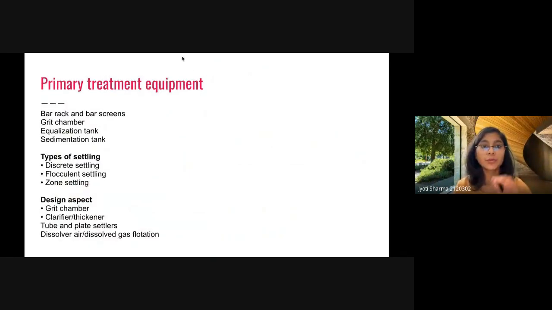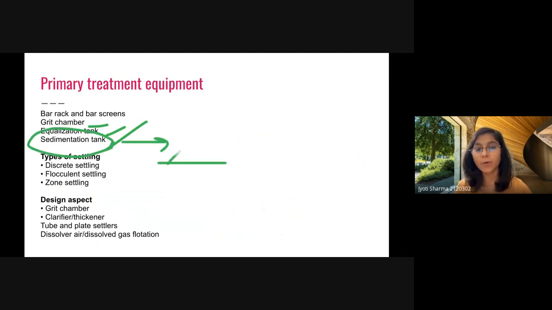Let me very quickly show you that in primary treatment, we talked about the grit chamber, equalization tank, and sedimentation tank. After the sedimentation tank, your sediments settle at the bottom, and that creates the sludge. This is the primary treatment that we learned.